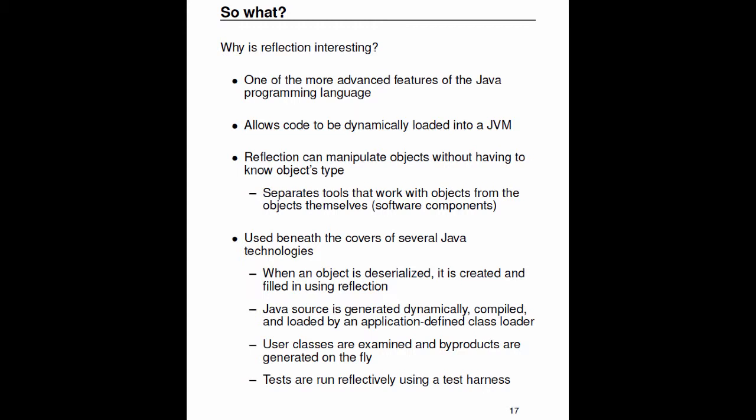And tests are also run reflectively using a test harness. And so when you think about what JUnit does, when you tell the JUnit test runner to go off and run the tests in a given class, it uses reflection to figure out what needs to be run. I suppose I don't really talk about it here in these lecture notes, but there are other parts of the reflection API that allow you to figure out what annotations there are on a method.